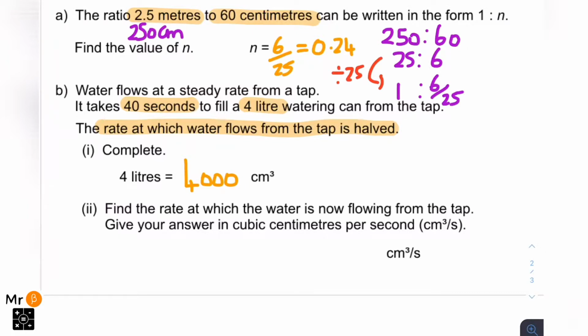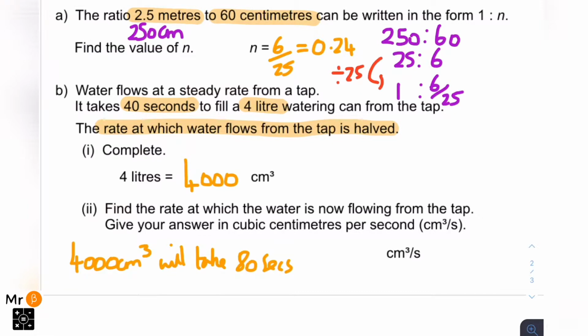So if the rate has been halved, we know it's going to take twice as long to fill the 4 litre watering can. So we know the 4,000 centimetres cubed will now take 80 seconds to fill. It's going to take twice as long if the flow is halved.